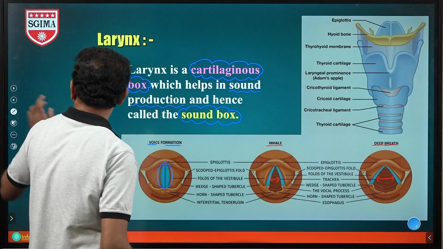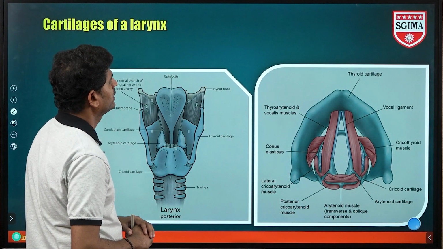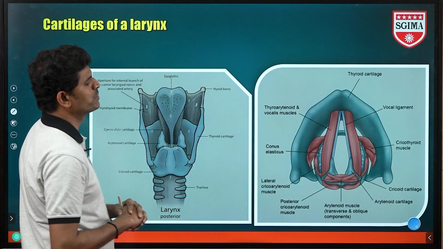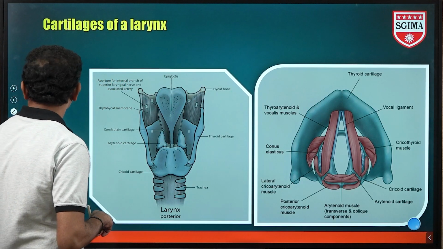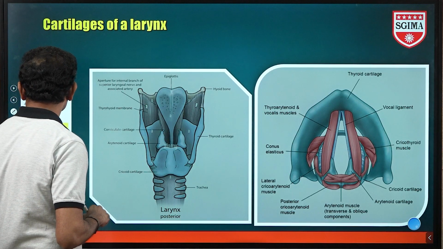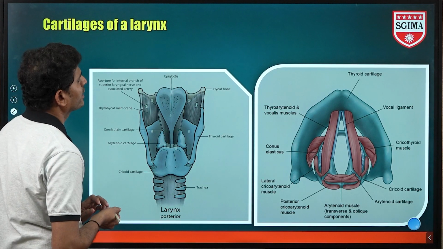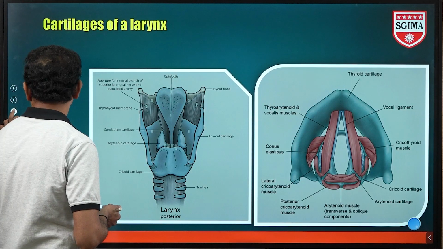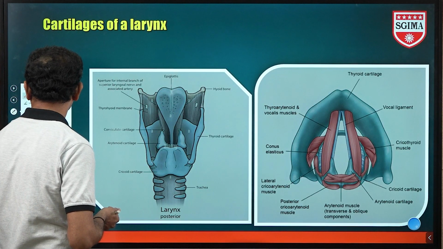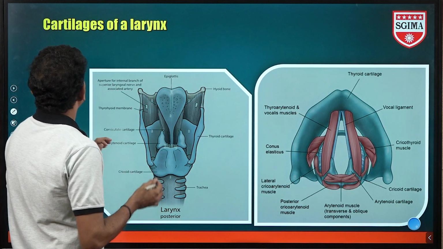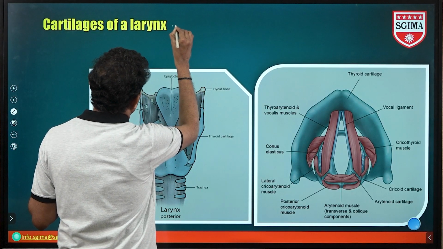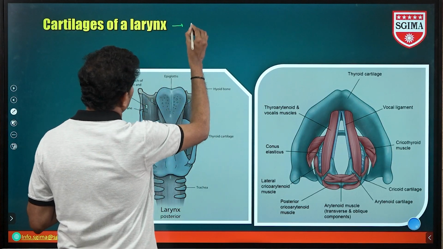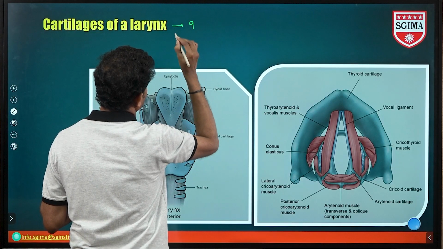Now next slide. In this one, we can observe the internal structure of this cartilaginous box. इसमें क्या structures है? This cartilaginous box, larynx, contains a total of 9 cartilages.